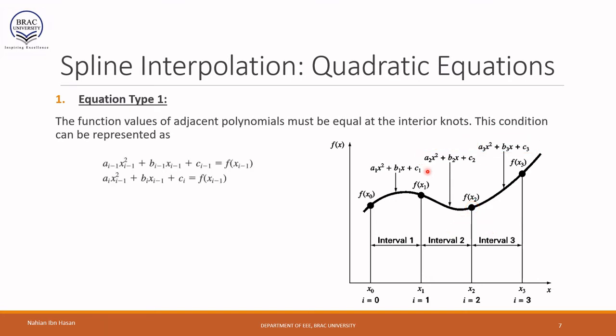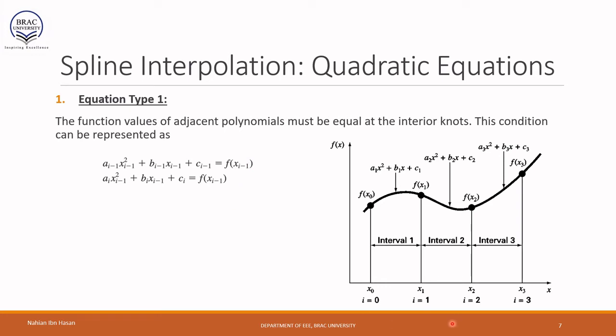So at each of the internal knots, we are going to have two equations. At x equal to x1, we have two equations, and similarly at x equal to x2, we have two equations.